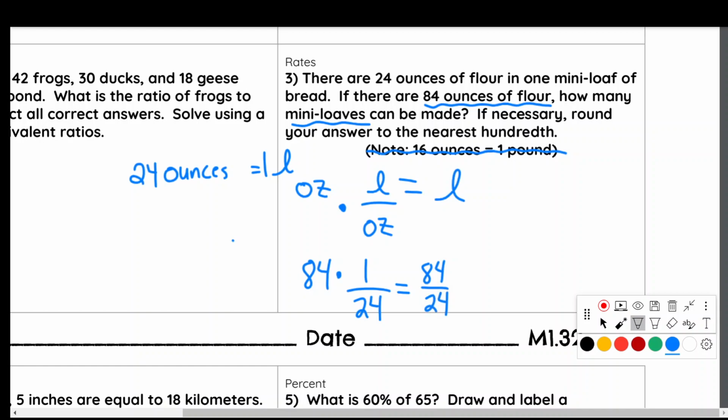And this is a rate question, which means in my classroom we can use a calculator. 84 divided by 24. And I see that there are 3 5/10 loaves if I have 84 ounces of flour.